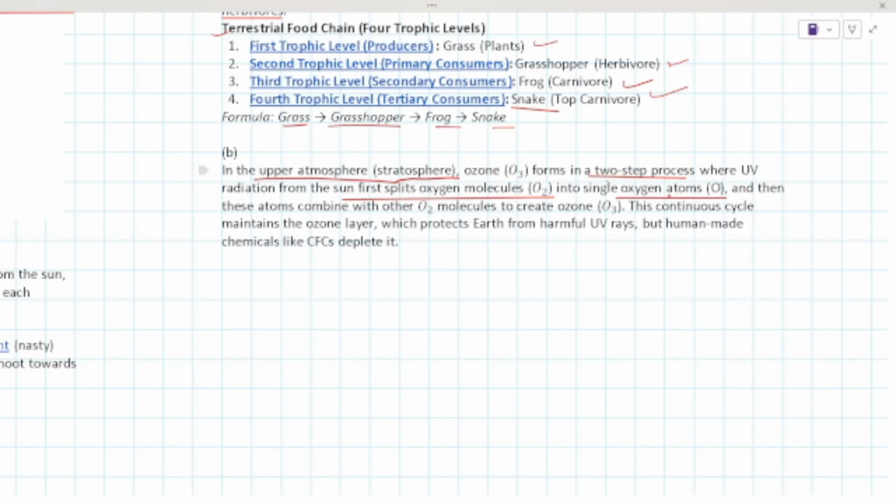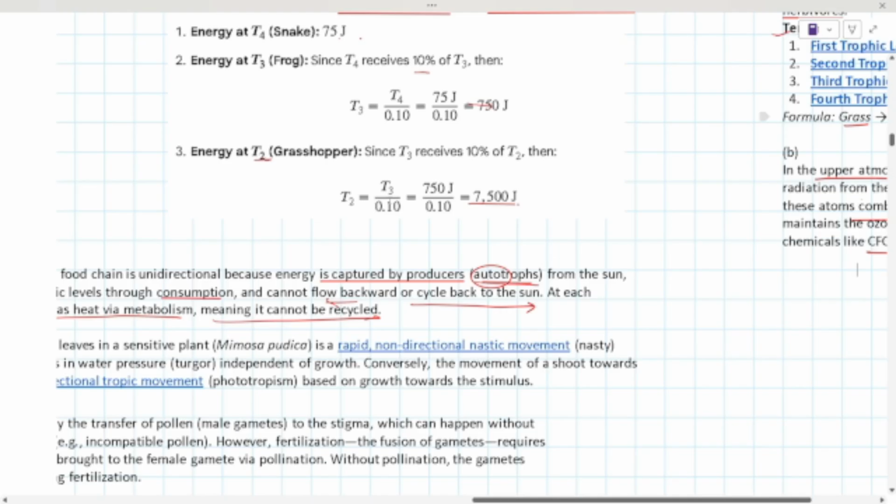That is what you have just told. And then these atoms combine with other O2 to get ozone, that is O3. This continuous cycle maintains the ozone layer, which protects Earth from harmful UV rays. But human-made chemicals like CFCs deplete it.